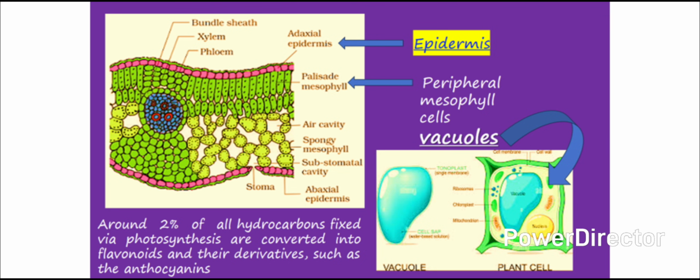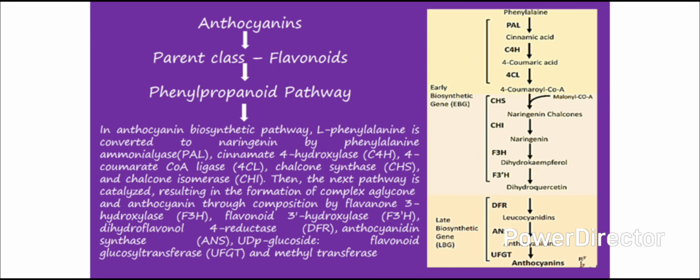It is estimated that 2% of all carbon fixed via photosynthesis is converted into flavonoids and their derivatives such as anthocyanins. These anthocyanins are part of a larger category, the parent class of plant-based chemicals called flavonoids. Flavonoids are synthesized via the phenylpropanoid pathway.